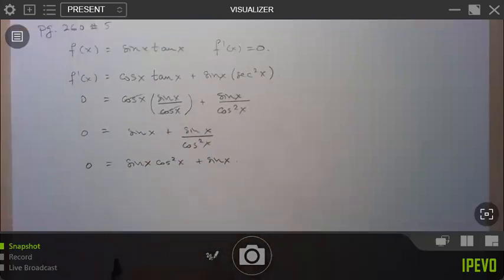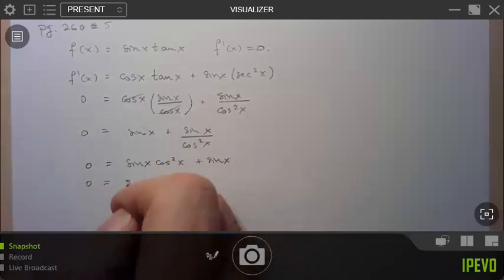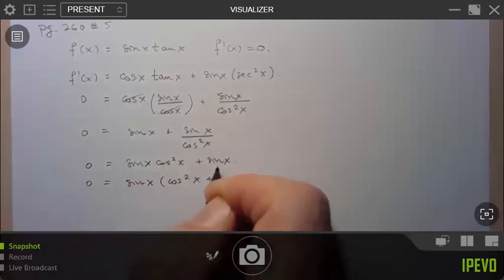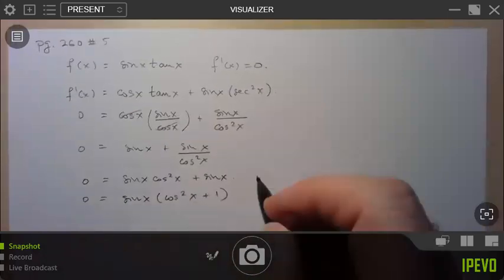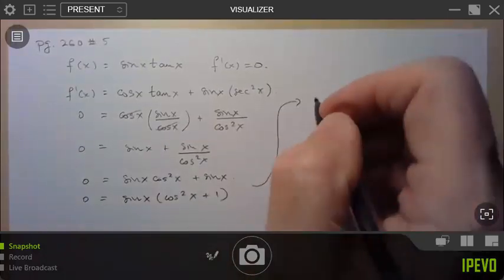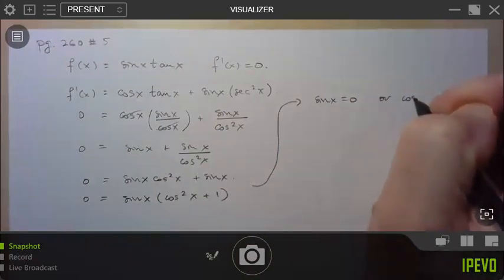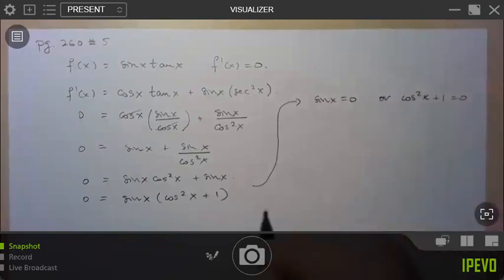And here I see my common factor, sine x times cos squared x plus 1. So sine x could be equal to 0, or cos squared x plus 1 is equal to 0.